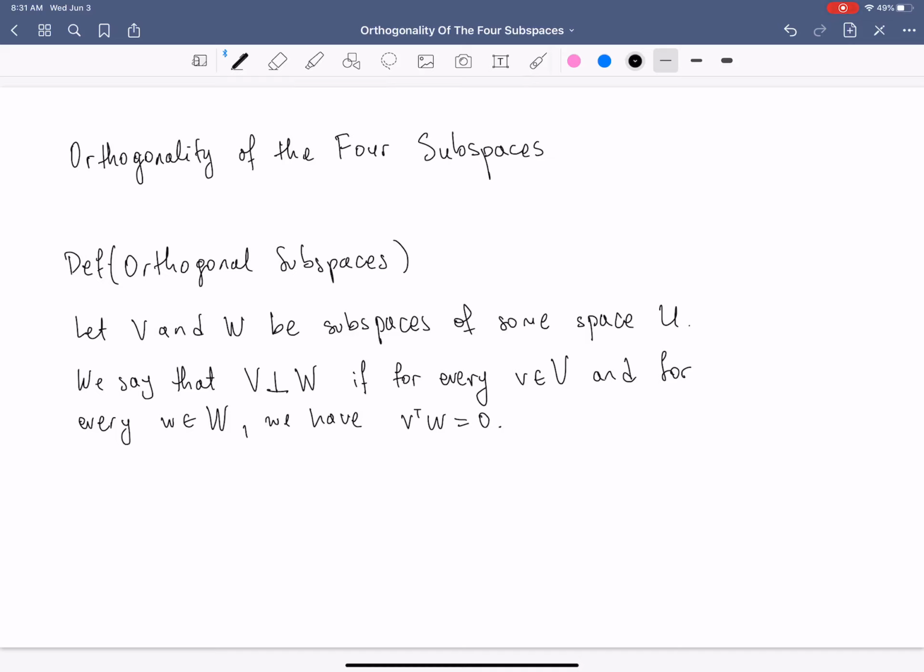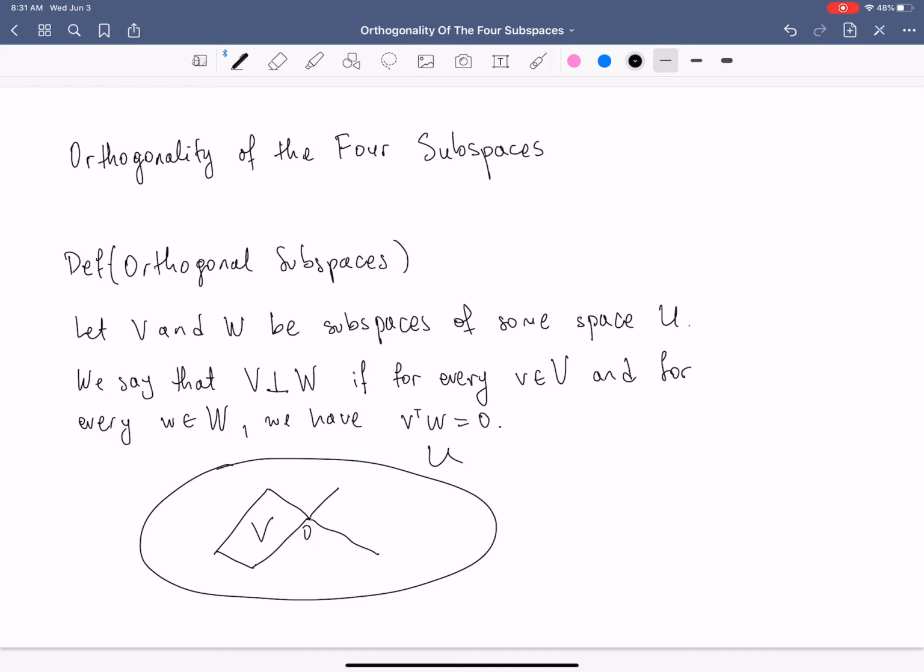So imagine here is the space U. We remember every subspace must contain 0. So maybe here will be the space V, and somehow here will be the space W. I'm not saying they're planes, but it's important that they only intersect at the origin.